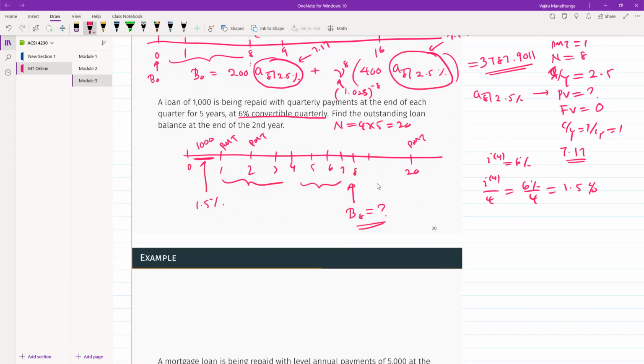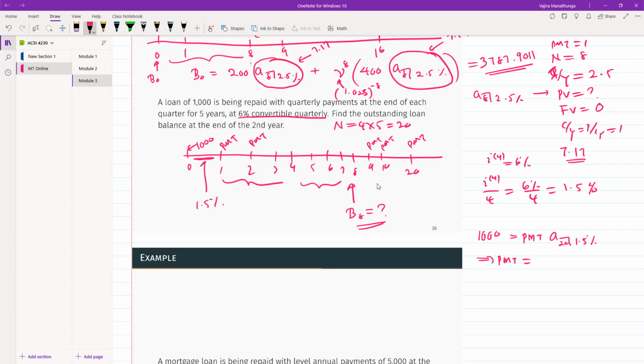So you can see that we need the payment size regardless whether we are using the retrospective or prospective method. So we know the loan amount, so we can calculate the payment size. So 1,000 is going to be the present value of all these payments. So there are going to be 20 payments under rate 1.5%. So from here, let's calculate the payment size.